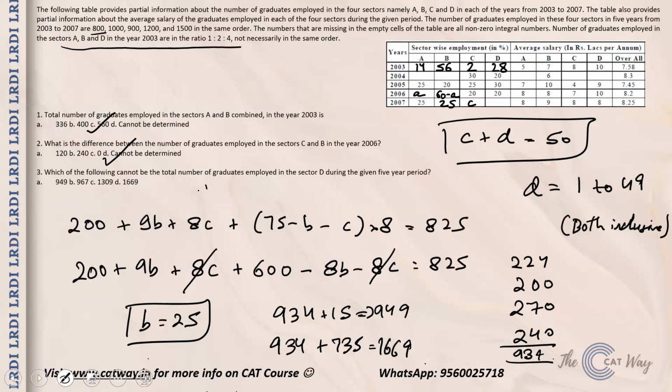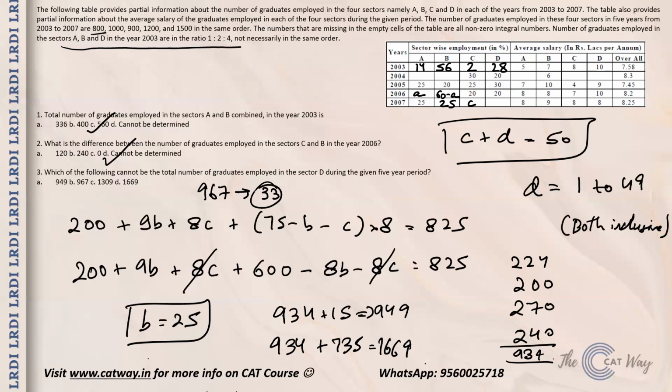So let's talk about 967. For 967, from 2003 to 2006, 934 employees were there. After adding 2007, if there are 967 employees, then subtracting 934 from it, you get that 33 employees were there in 2007.